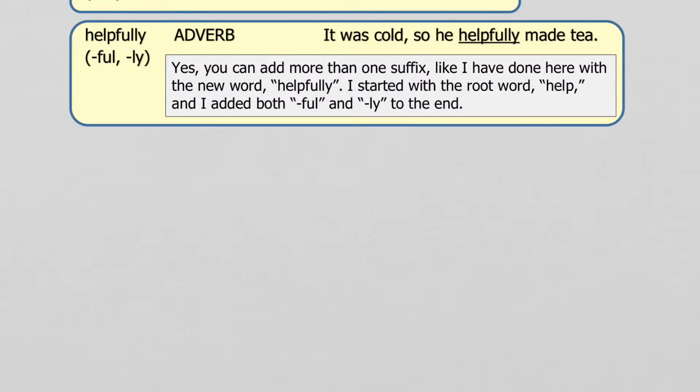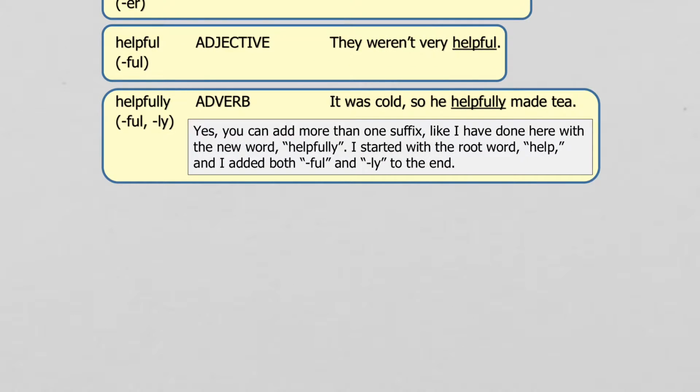Some of you might be saying, well, what's the difference between an adjective and an adverb? Well, if we look at the sentence above here, they weren't very helpful. We're talking about some people. We don't know who they are. It doesn't matter. But we're describing them. And we're saying that they weren't helpful. And helpful is an adjective.